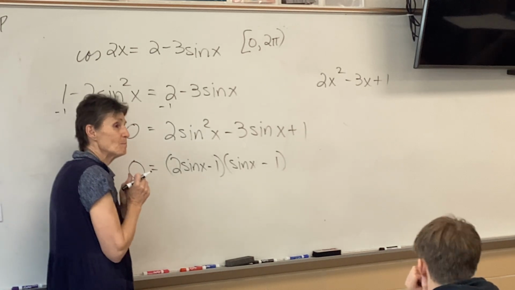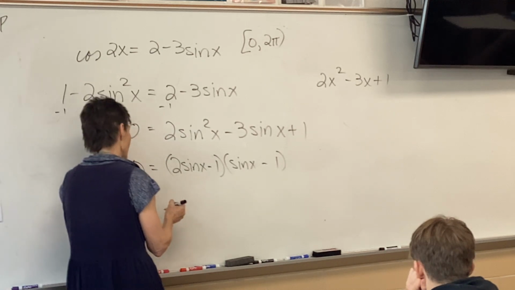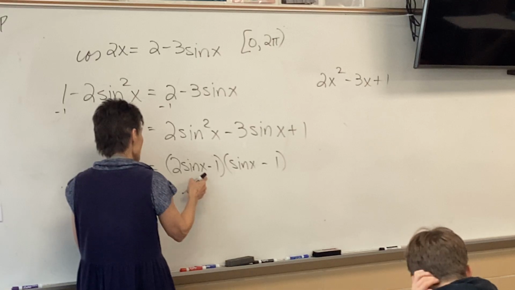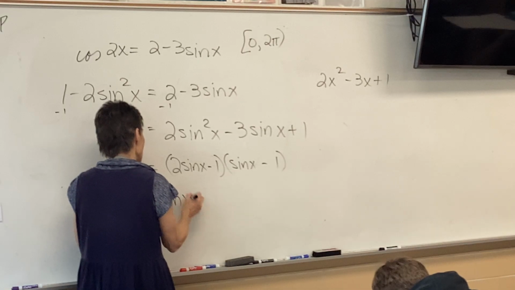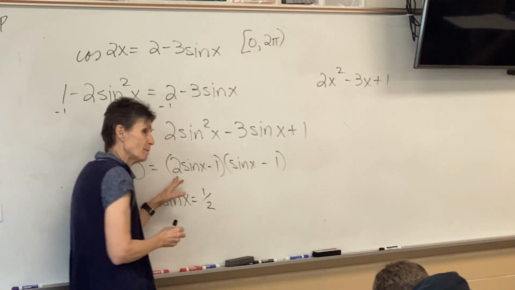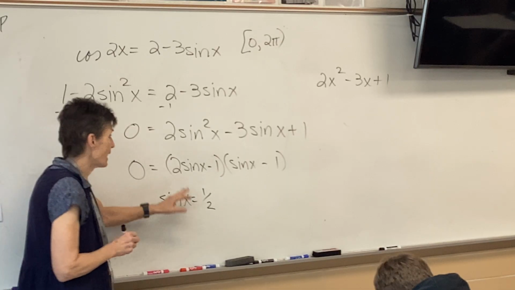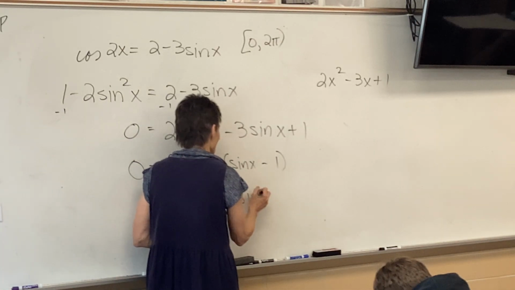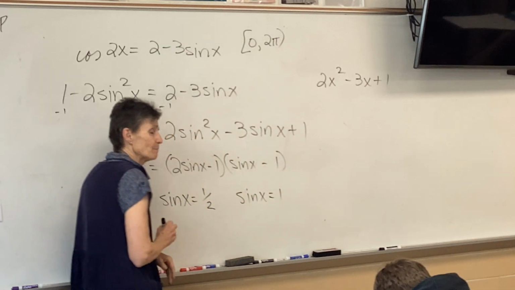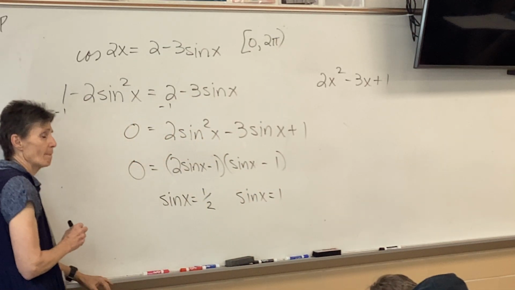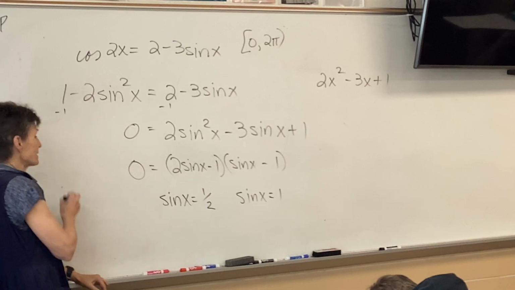Okay, what do we do now? Set each equal to 0. So this one will say sine equals 1/2. Is that too much? Too many skip steps? Sine equals 1/2, or sine equals 1 is the easy one.